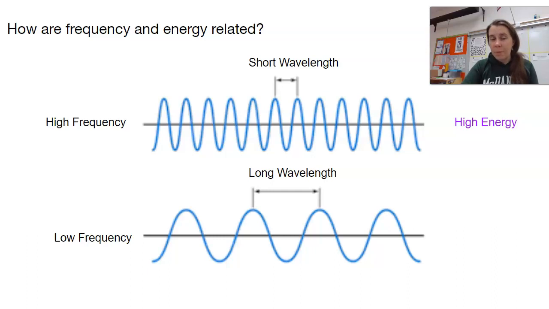That's what gives us sunburn in the summer if we're out in the sun for too long. And now the opposite is also true. If we have longer wavelengths, we get fewer in a given time period, and so that will be lower energy. All right, that end of the visible spectrum is going to be red, which is right next to the infrared, which is what we use to keep fast food warm and things like that. So it's not as high energy as the ultraviolet on the other side.